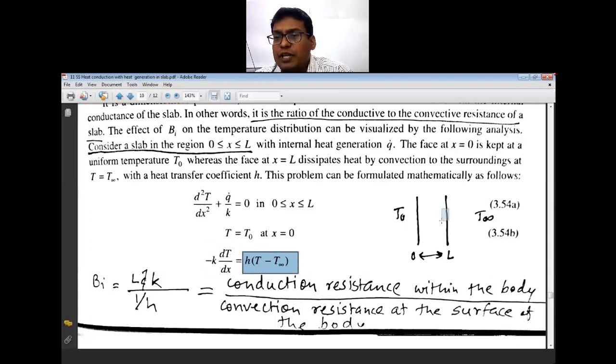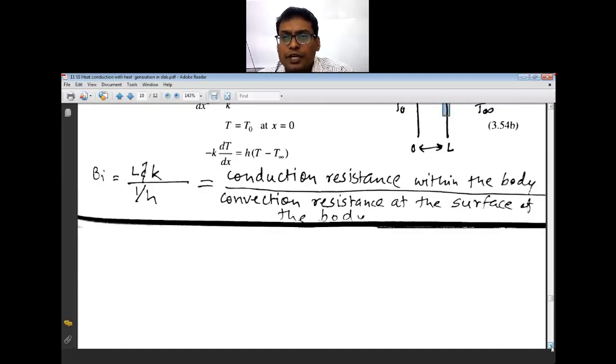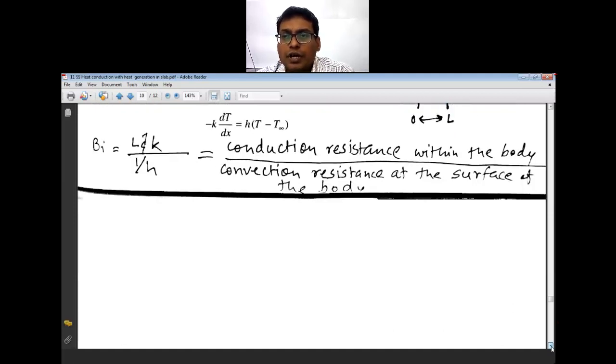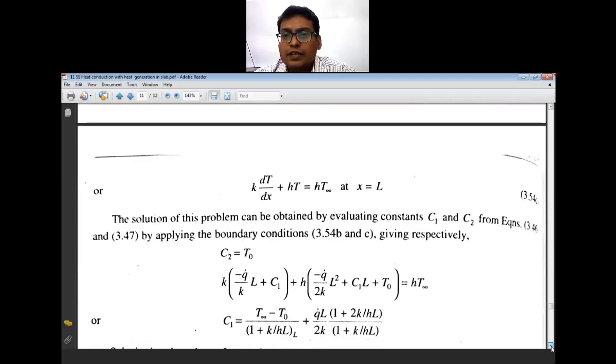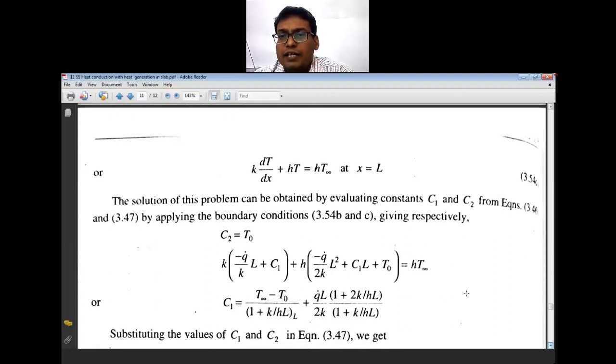This is T0, this is the temperature T, and this is T infinity, the surrounding temperature. T is the temperature at a distance x equals L.